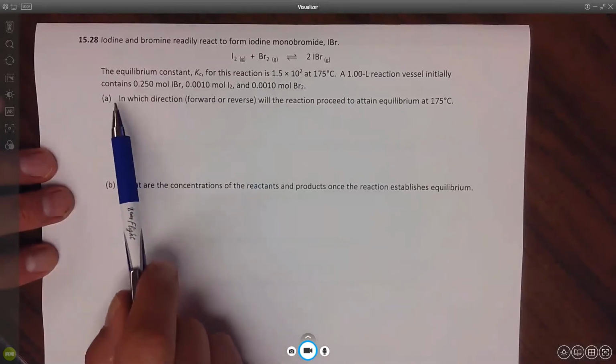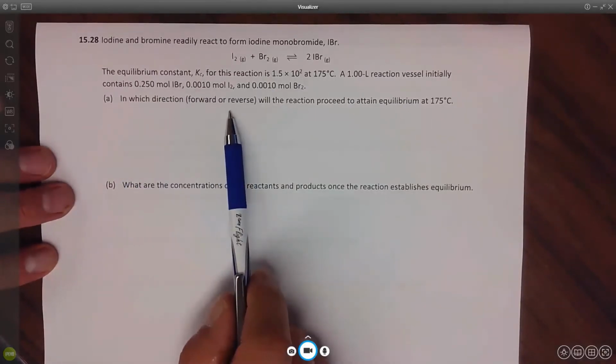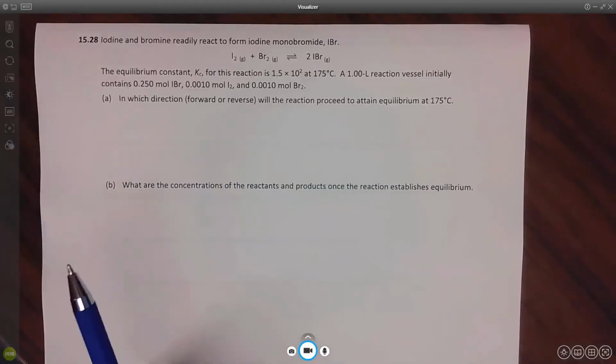So I want to know in which direction, forward or reverse, is this reaction going to proceed at this temperature? How would I determine that? What equation, concept, idea am I going to use to solve this problem?